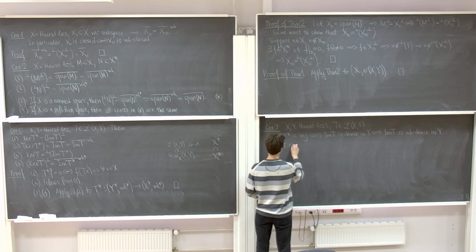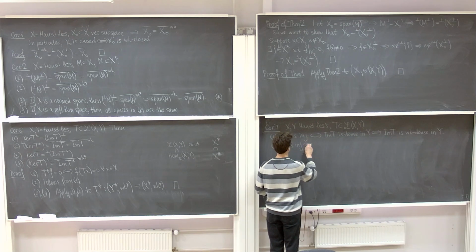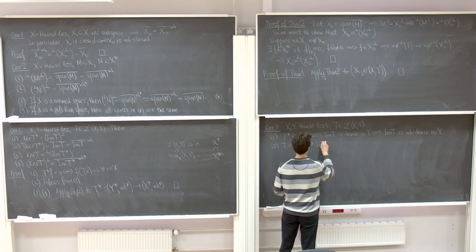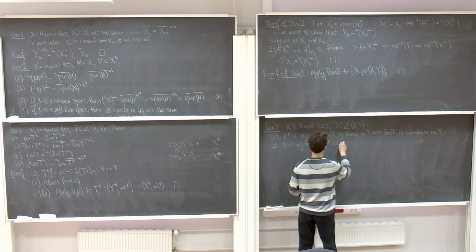T is injective if and only if the image of T star is weak star dense in X star.